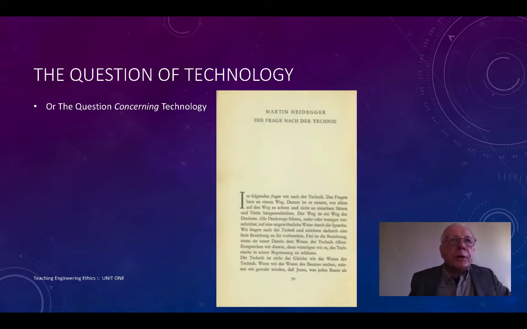So this is a big question. This is where engineering and many other disciplines come together. And it's coming together within the larger high-level domain of ethics.